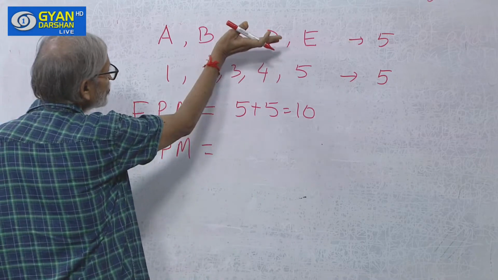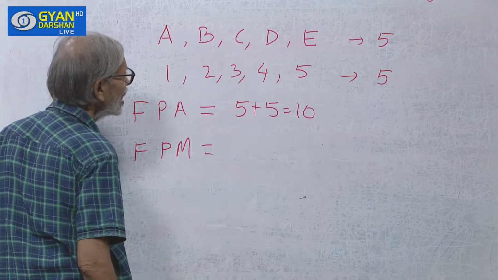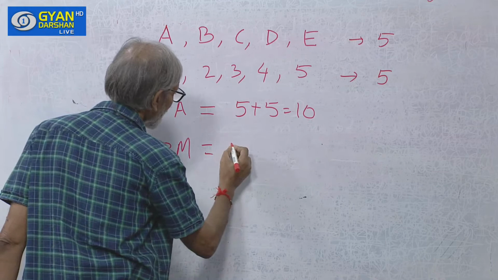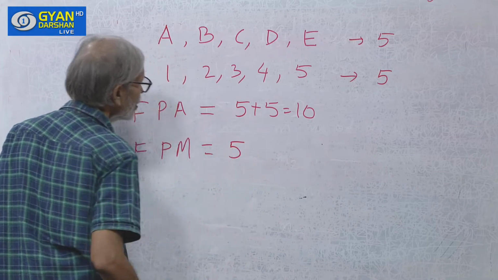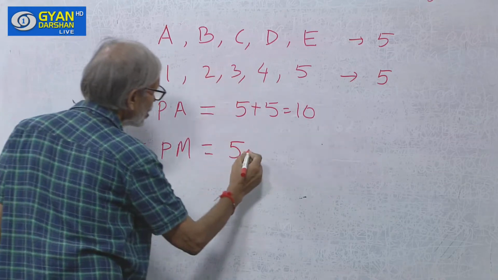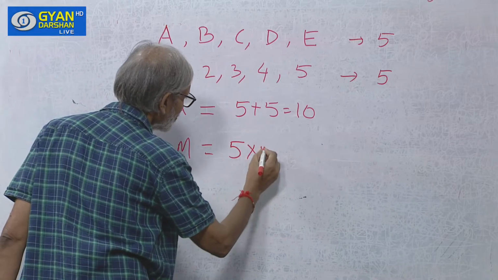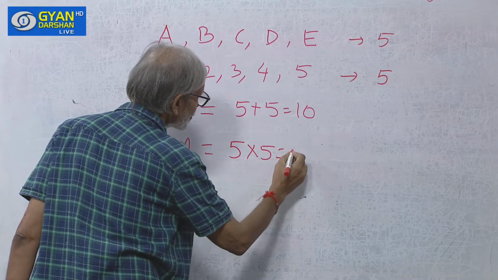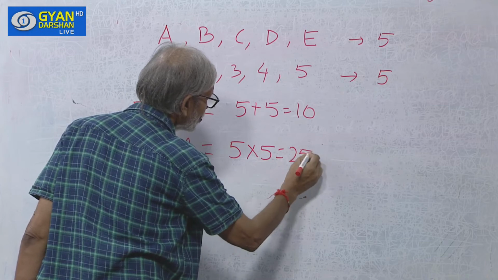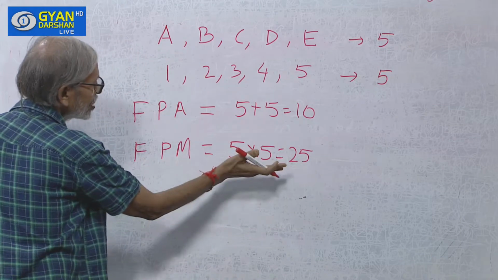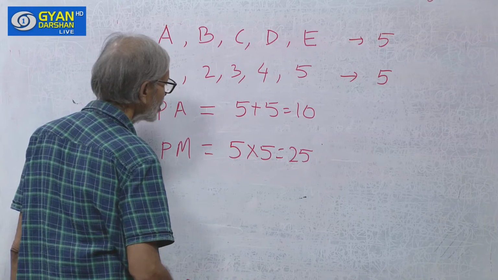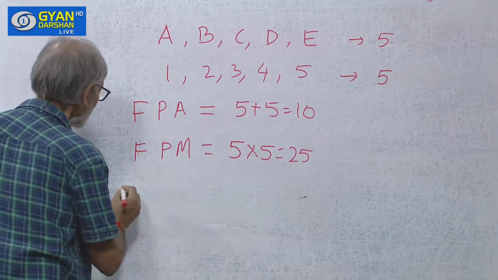You have 5 options to choose a letter and then 5 options to choose a numeral. So, it will become 5 into 5, which is 25. Here it was only 10 options, here the options have increased to 25.